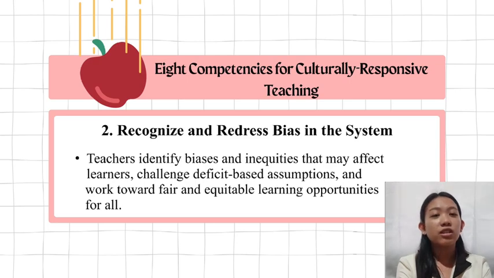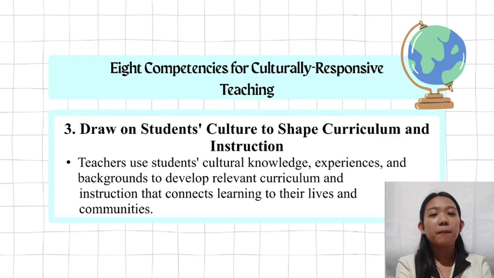So after recognizing bias, teachers can also use learners' cultures as a strength in the classroom. The third competency is draw on students' culture to shape curriculum and instruction. Learners bring knowledge and experiences from their families and communities. Teachers can connect these experiences to academic lessons.